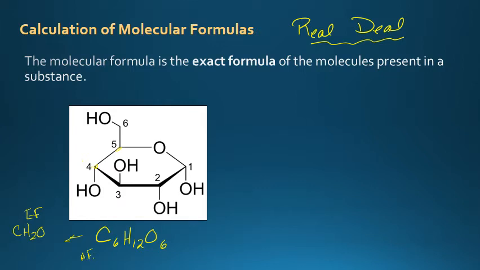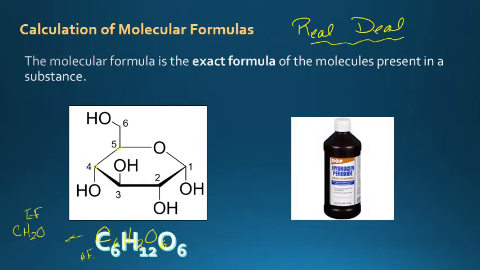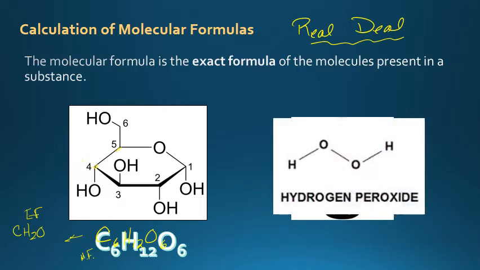That's the difference. Oh, look, I even had it on there and I didn't know it. Surprise! All right, there's hydrogen peroxide. The molecular formula, the real deal for this molecule, is H2O2. But if I were to reduce it and find the empirical formula, I'd have gotten HO. Yeah, HO.